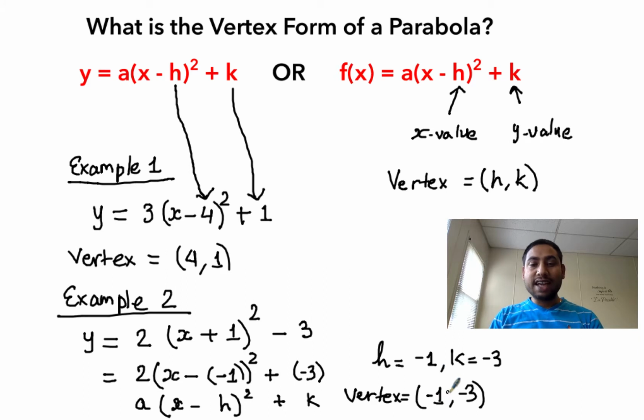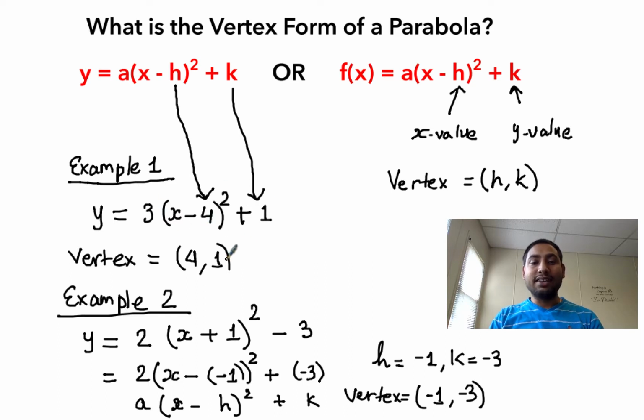So this x value is always gonna flip the sign here. If it is x plus 1, the x value for the vertex becomes negative 1. In the previous example, it was x minus 4, and the x value of the vertex is positive 4. So you can think of the x value as switching the signs from whatever is in the equation.